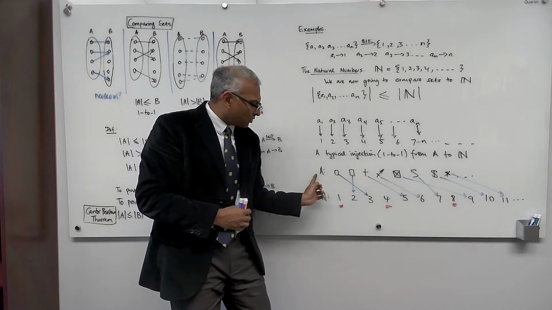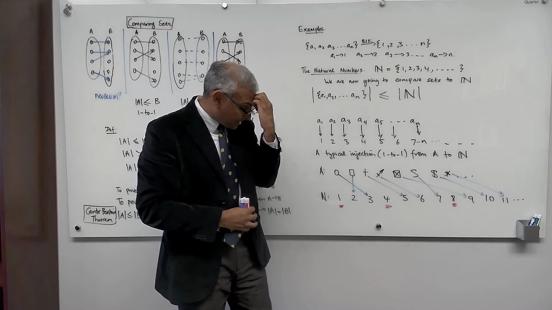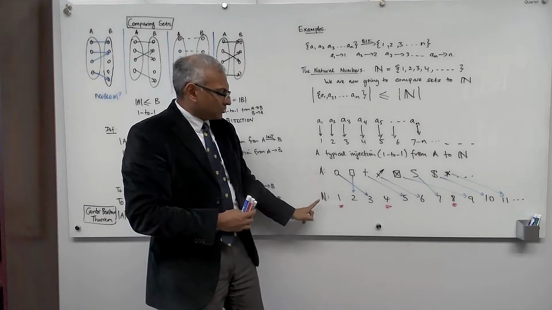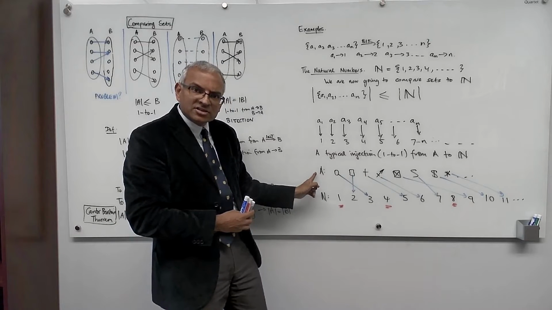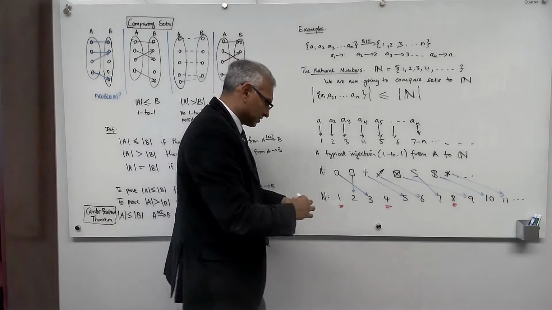You have to use all of A, not necessarily all of N. And if you can find such an injection from any set to N, it means that the cardinality of this set is smaller than or equal to the cardinality of N. This is N.